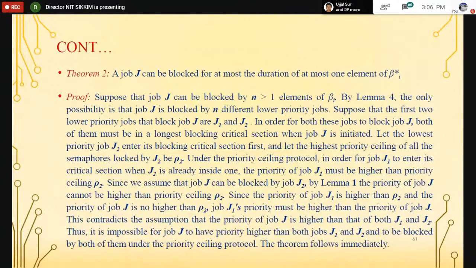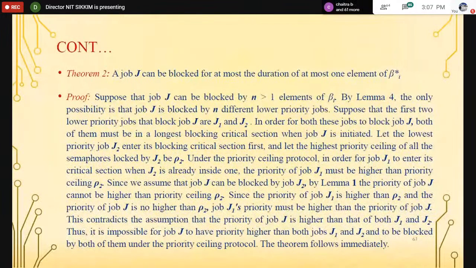For example, your J3 is sharing resource R3, J2 is sharing resource R2, and let's say another job J1 is sharing both the resources R1 and R2. In the case of PIP, I said the maximum blocking can be CS2 plus CS3, but in the PCP, it is guaranteed that the blocking can be equal to CS2 or CS3, whichever is greater.